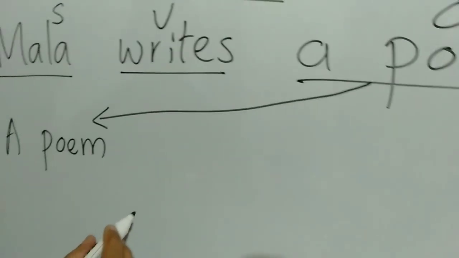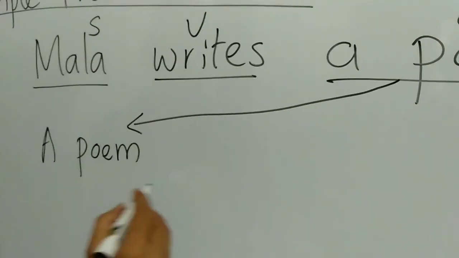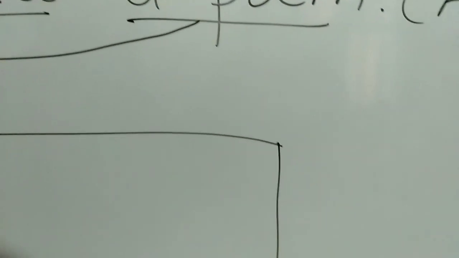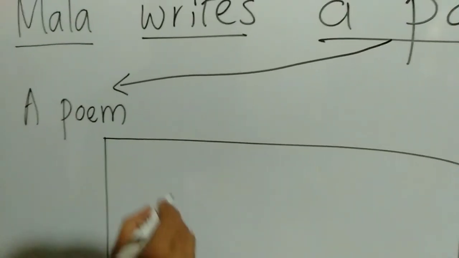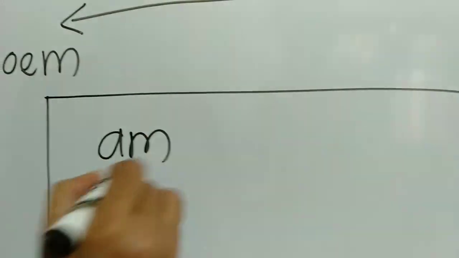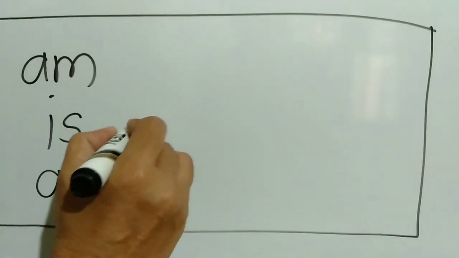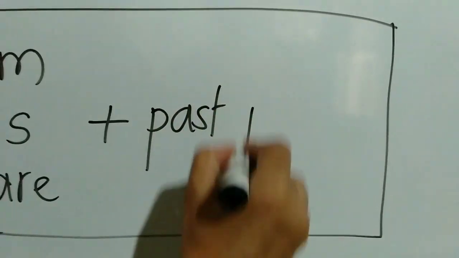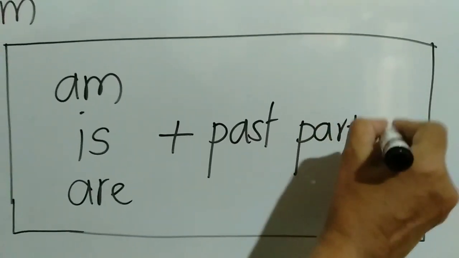I here introduce you a formula to apply for this passive sentence. You know, am, is, are plus past participle.